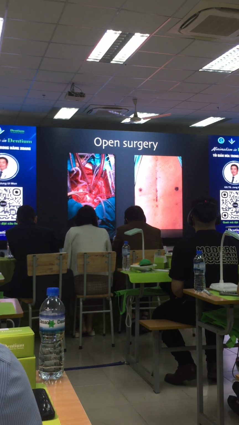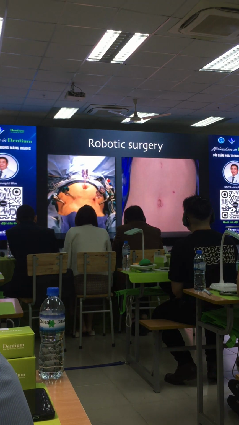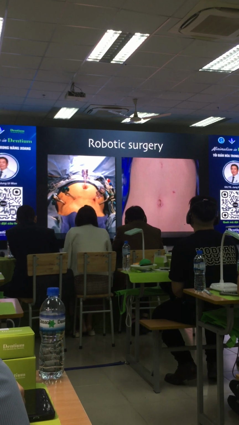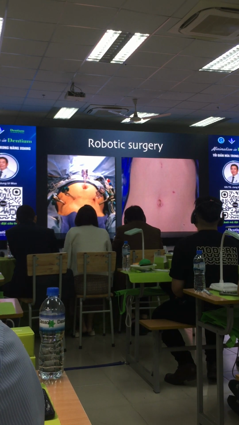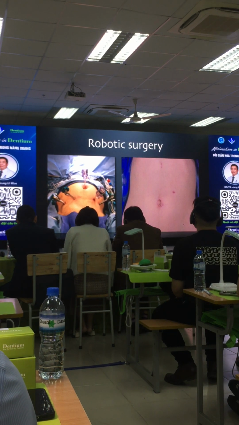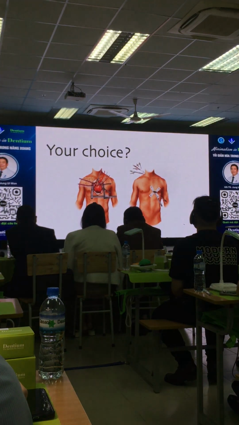However, such invasive surgery would cause more postoperative complications and leave a scar. On the other hand, recently introduced robotic surgery or laparoscopic surgery is less or minimally invasive compared to the conventional open surgery. What is your choice?